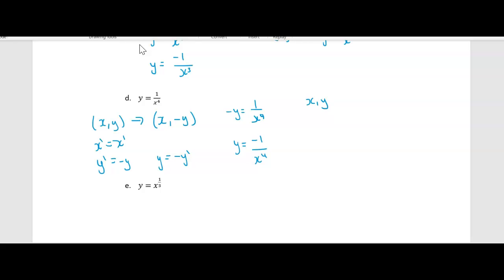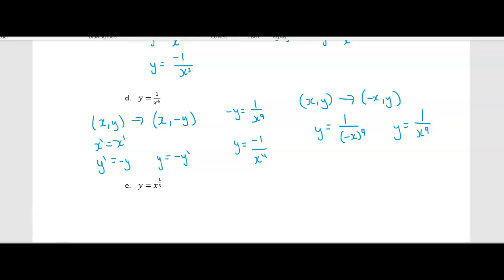So all right, we've got y equals 1 over, now we've got negative x to the power of 4. Now, when you're taking a negative number to an even power, that is actually going to become y equals x to the power of 4. So this graph 1 over x to the power of 4, when you're reflected in the y-axis, remains unchanged.